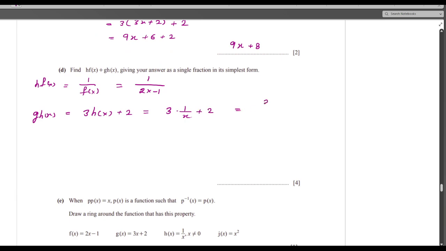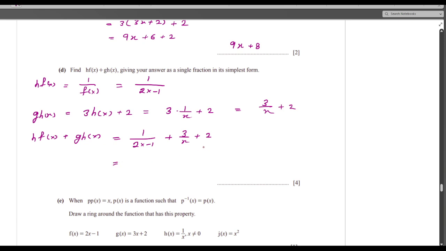So this is 3 divided by x plus 2. Now I have to add hfx plus ghx. Now hfx is 1 divided by 2x minus 1 plus ghx is 3 divided by x plus 2.